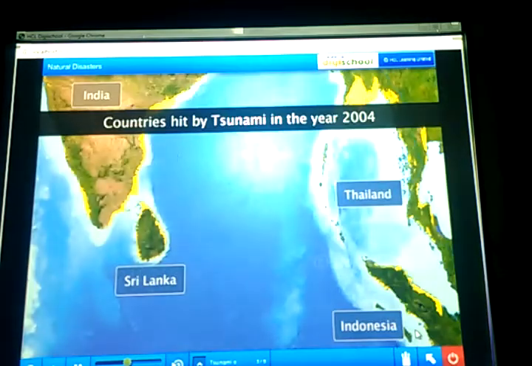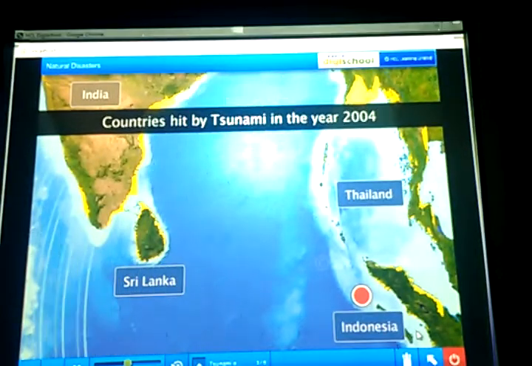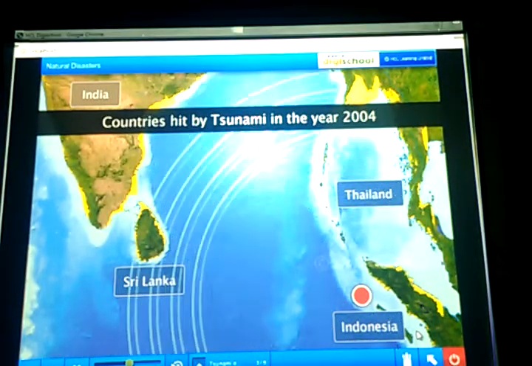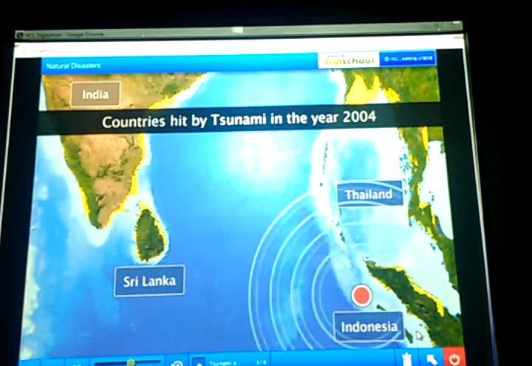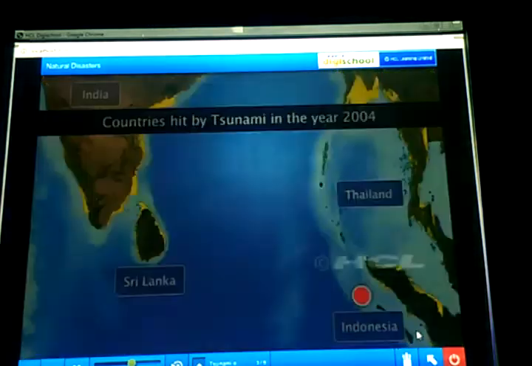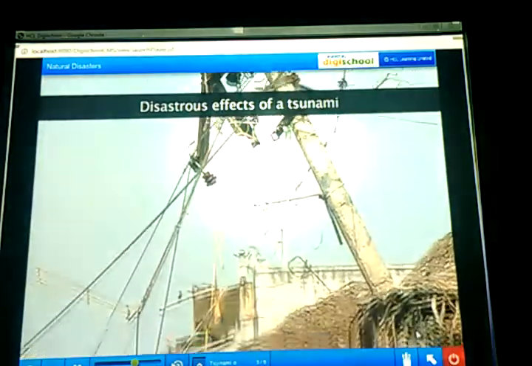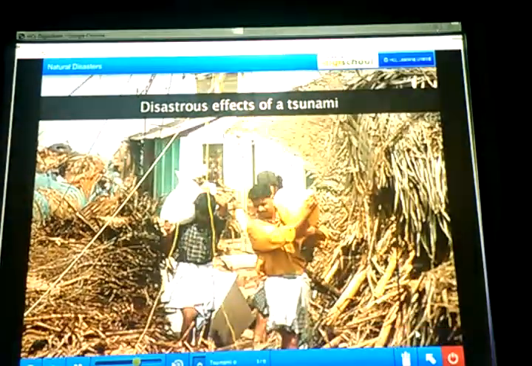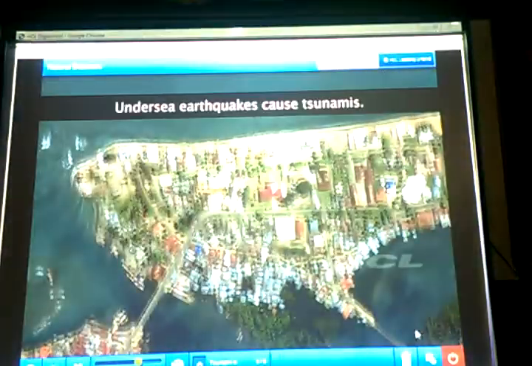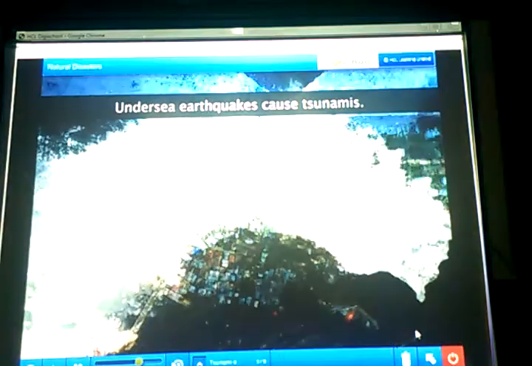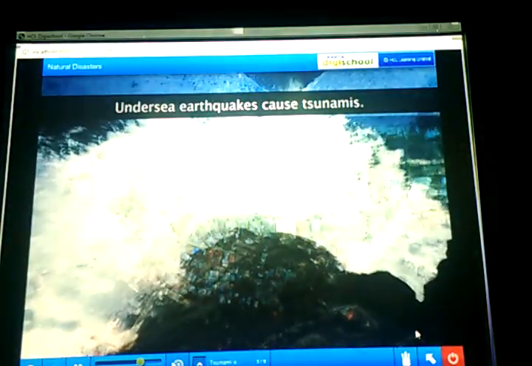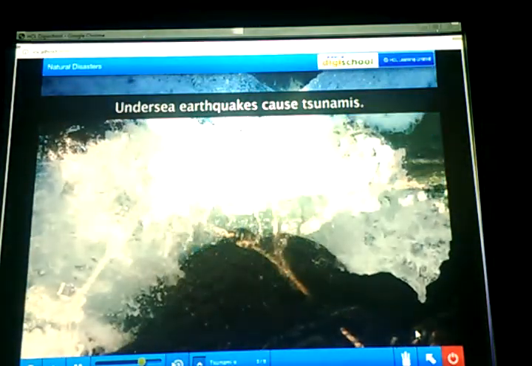A series of tidal waves destroyed the South Asian countries of India, Sri Lanka, Indonesia, and Thailand. The tsunami claimed the lives of many, and numerous people turned homeless. The 2004 tsunami was triggered by a high magnitude earthquake that took place under the Indian Ocean.